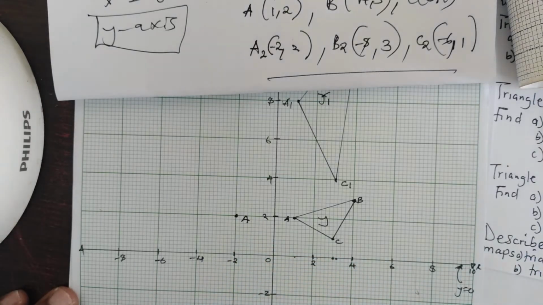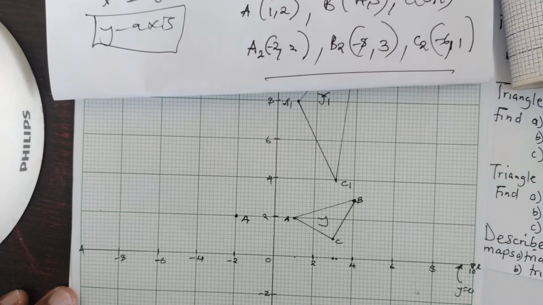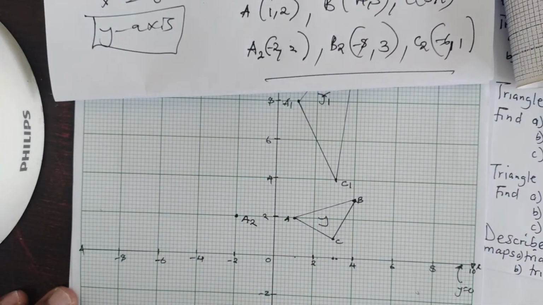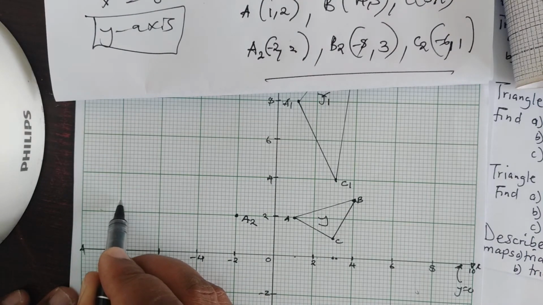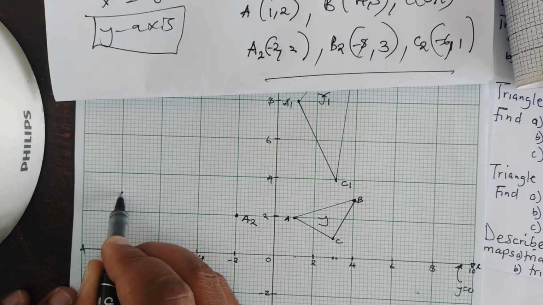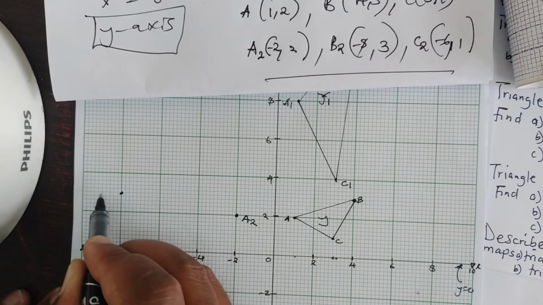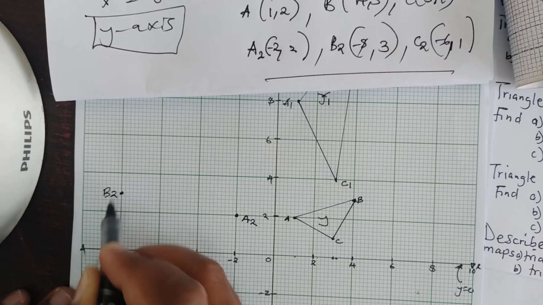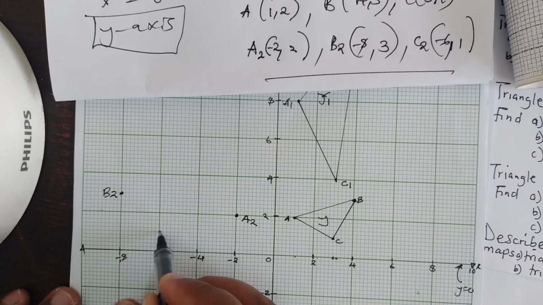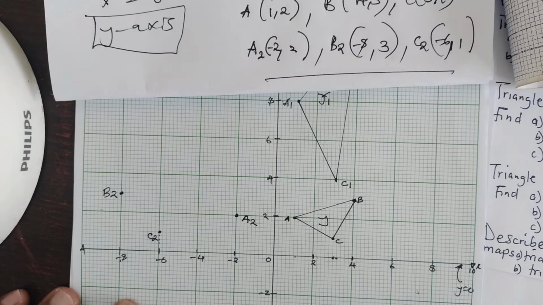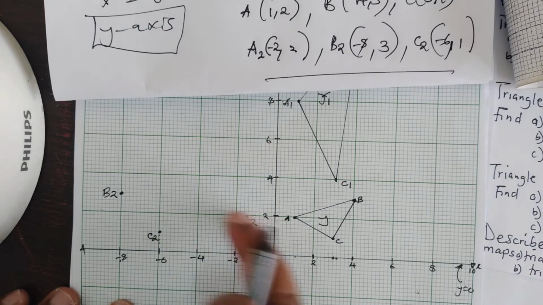Take note, this is the A2, so we have A2 here. Then negative 8 comma 3. Negative 8 is here, comma 3. This one will be B2. Then negative 6 comma 1. 1, 2, 3, 4, 5. This is the C2. Then you join this point to that, to create a triangle.